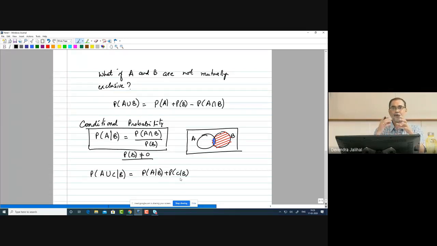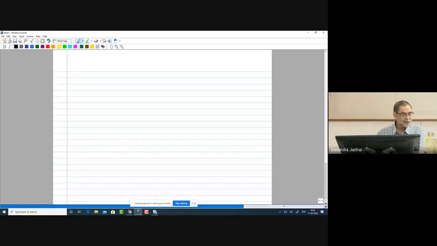Whatever we assign for probability, we can also assign to conditional probability. This also has a sample space, this also has a probability measure, and there is a null set, there is an entire sample space, and so all those values can be assigned.